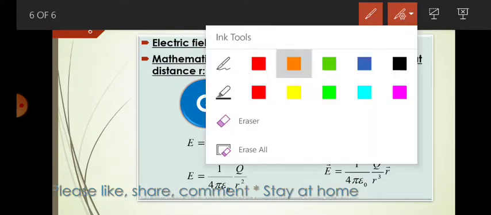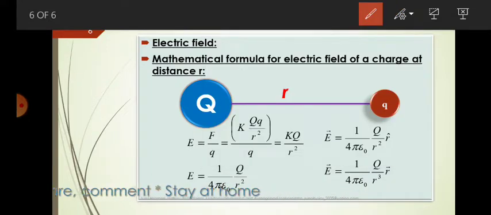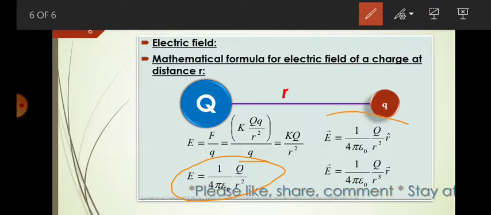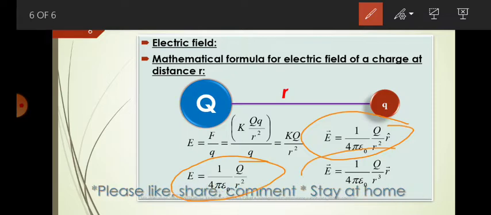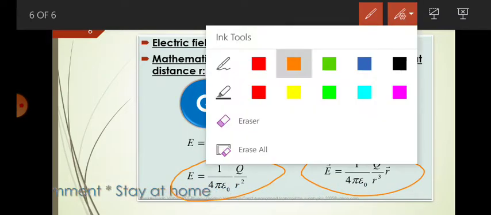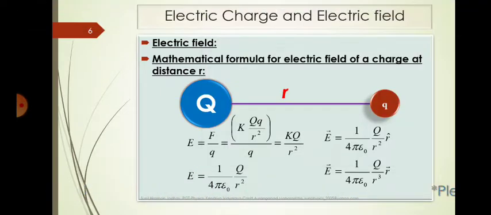So this is the concept of electric field intensity and electric field itself. Once again, this magnitude is referred to as electric field intensity, and the representation of this magnitude in terms of vectors is called the electric field. I hope this concept is clear to you now.